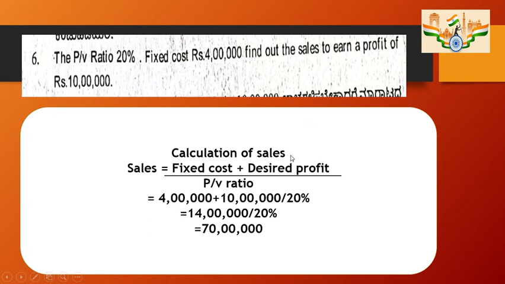So fixed cost is 4 lakh, then desired profit is 10 lakh, divided by 20%. So amount is 70 lakh rupees. Sales is equal to 70 lakhs. This means if you want to earn 10 lakh rupees of profit, you have to make sales of rupees 70 lakhs.